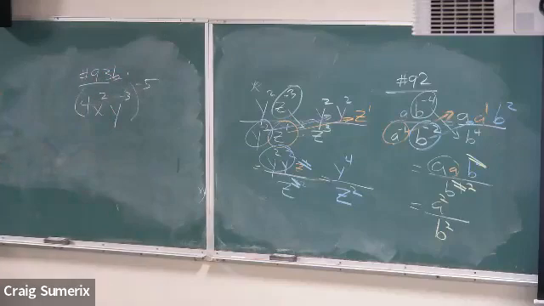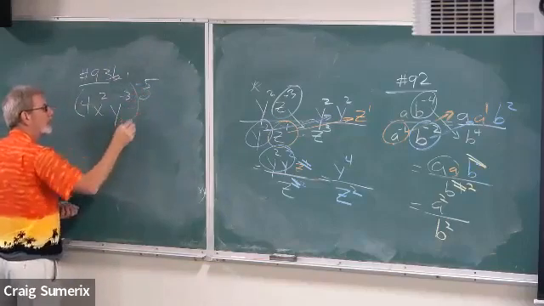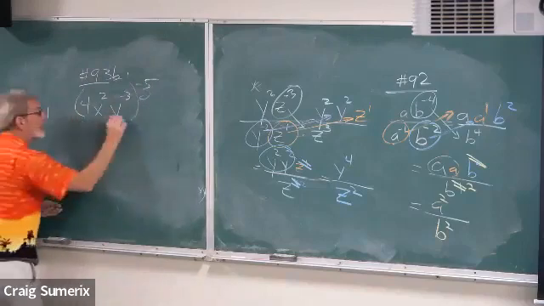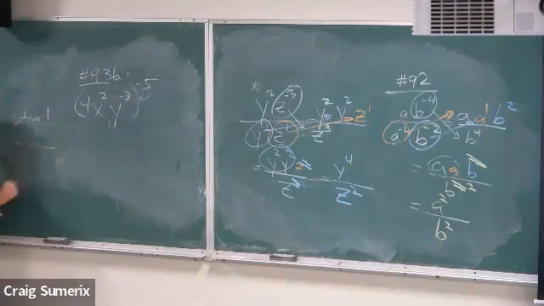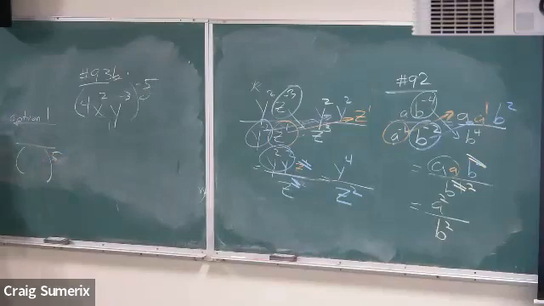We got some options. The -5 applies to the entire parentheses. So option 1. This applies to the entire parentheses. So how can I make that positive then? Right now, it's on the top. Bring the entire thing down to the bottom. And make it positive.